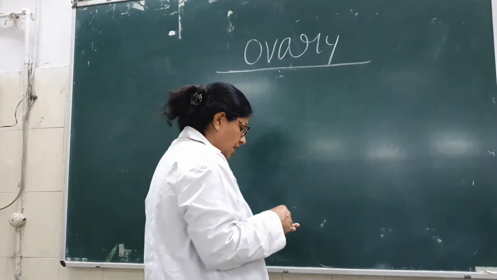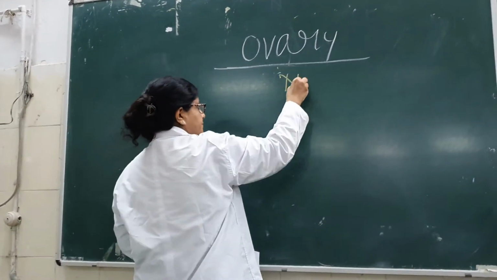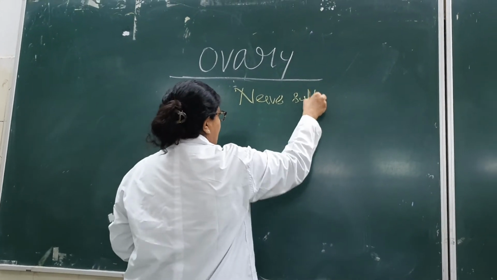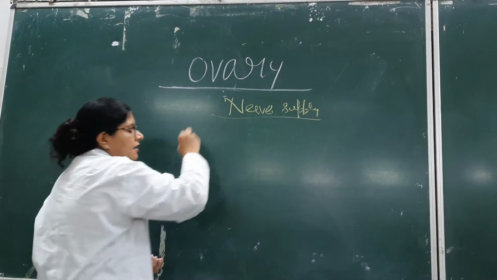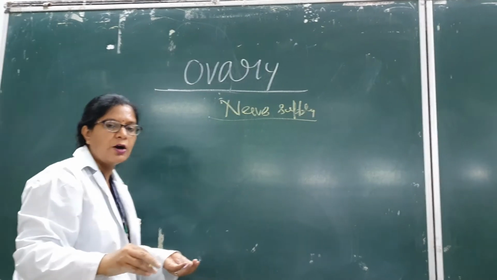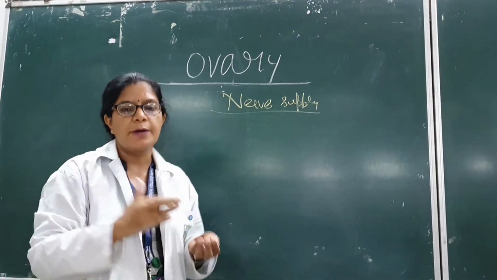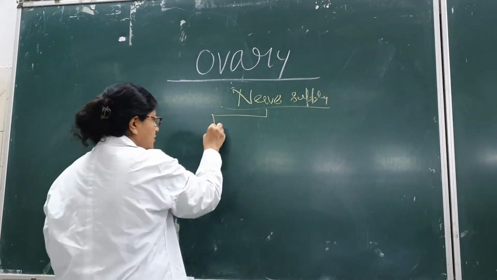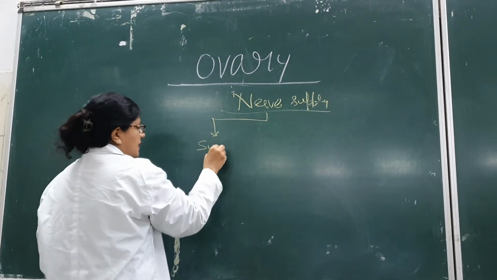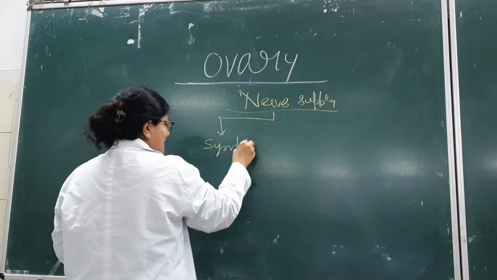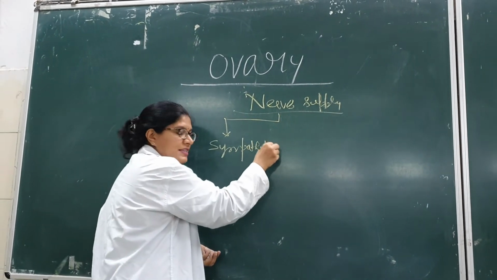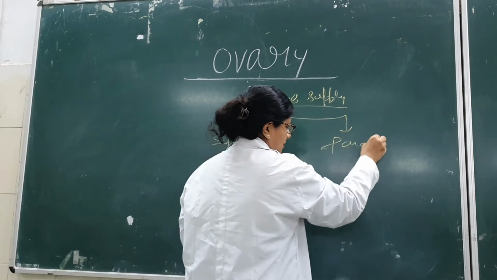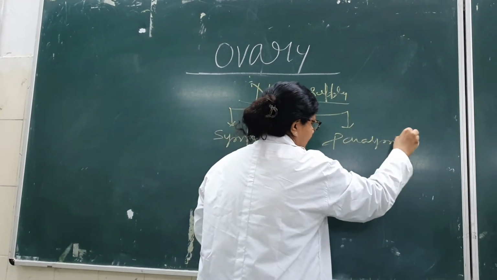Now coming to the nerve supply, as usual जैसे हमने पढ़ा है, fallopian tube, uterine, सब क्या होते हैं आपको, sympathetic and parasympathetic, मतलब autonomic system से हो गए. तो यहाँ भी सब जो आसपास के होंगे उसमें लगभग एक जैसी चीज़ होगी. So this will be your sympathetic and this will be your parasympathetic.